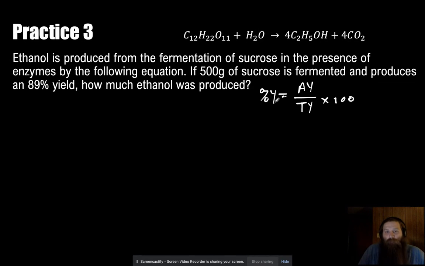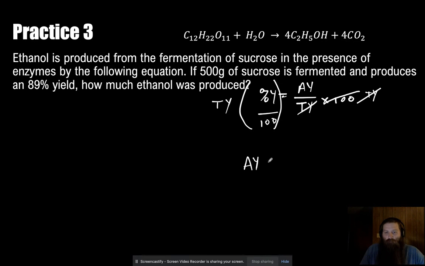So we know AY, or sorry, we don't know AY this time. We need to find AY. So we just need to rearrange our formula. So we divide 100 by both sides, and we multiply by TY on both sides. And that tells us that AY equals TY times percent yield divided by 100.